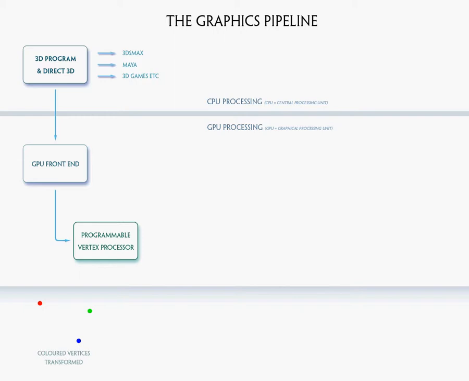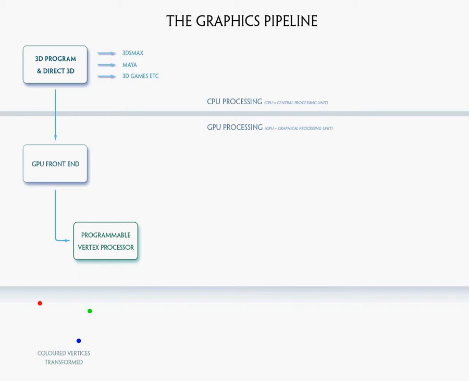And what that means is when the vertices come in from the 3D program, they're in object space, which means their positions are all relative to the center of the object that they belong to. And in order to get placed on the screen, the verts need to be placed relative to their positions on the screen. So that happens right here in the programmable vertex processor.